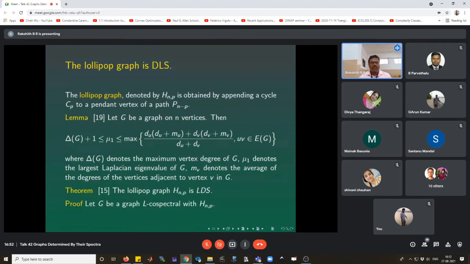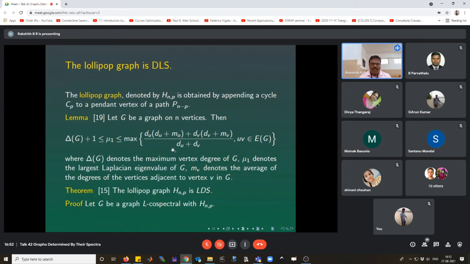If you make use of this lemma, you will have some idea about the largest Laplacian eigenvalue of the lollipop graph. For the lollipop graph, the maximum degree is 3. Therefore, a lower bound for the largest Laplacian eigenvalue is 4.